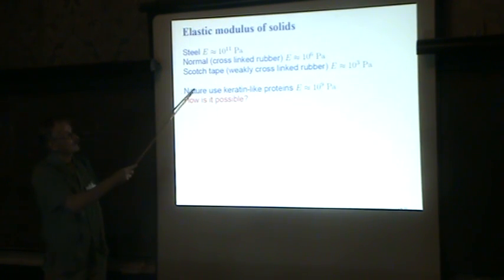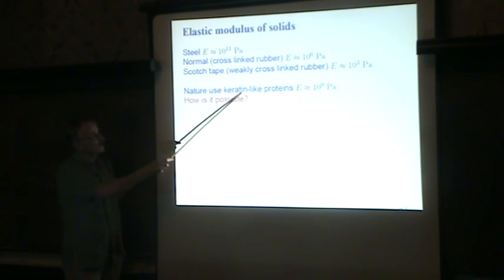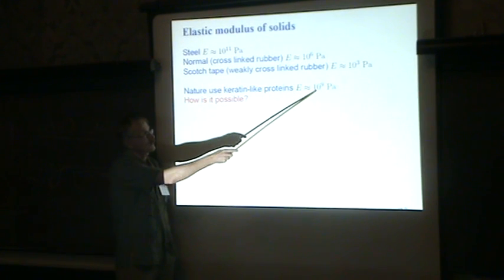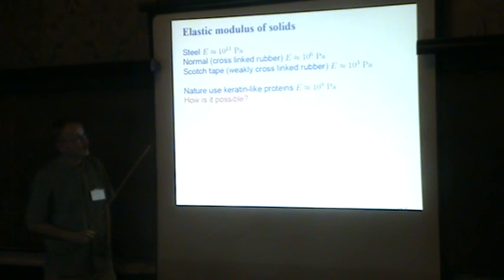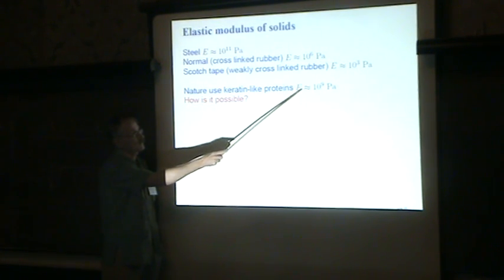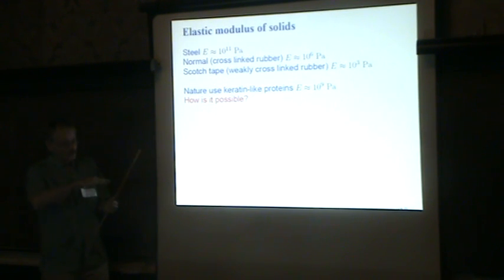But in nature, you don't have that kind of soft material to play with. You have keratin-like proteins with an elastic modulus which is 1,000,000 times more than for Scotch tape. So then you ask, how can you use such a very stiff material to deform and make contact at the rough interface?